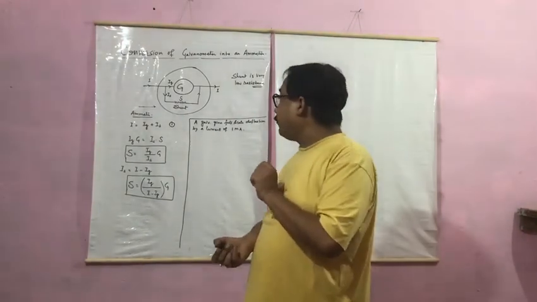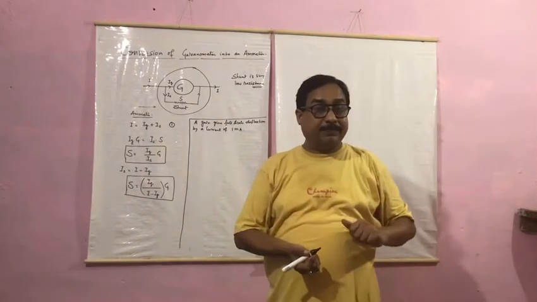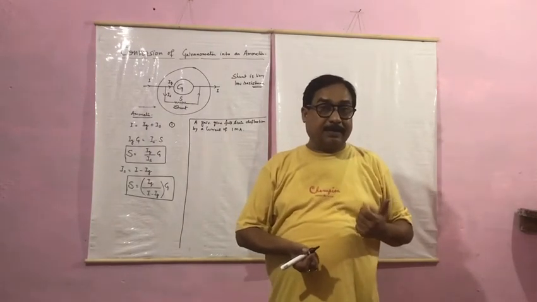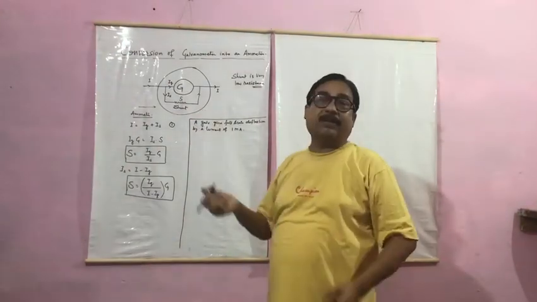And if you want to convert this into an ammeter which can measure 1 ampere of current, then 1 ampere is 1000 times larger than its tolerance level.